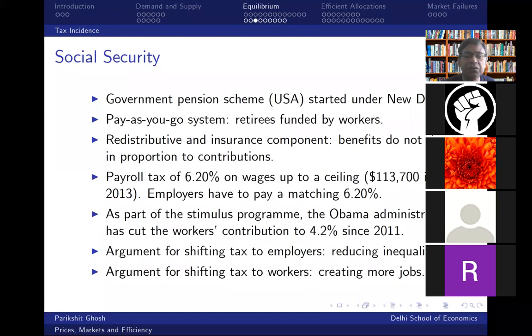Right now, due to the pandemic, unemployment is high, etc. So they say, okay, give some relief to working people. So shift the tax to employers. Let's change the law and make the companies who are hiring workers pay the whole tax, right? So give some tax relief to the employees. And this is to reduce inequality.